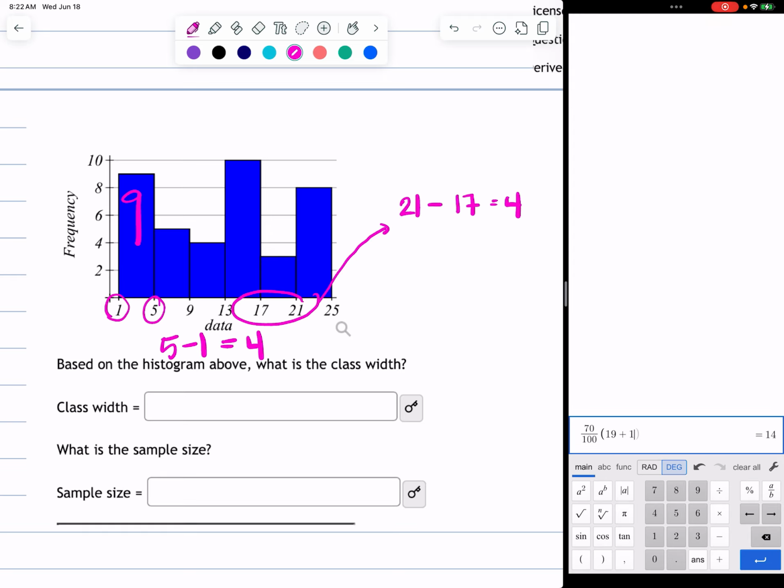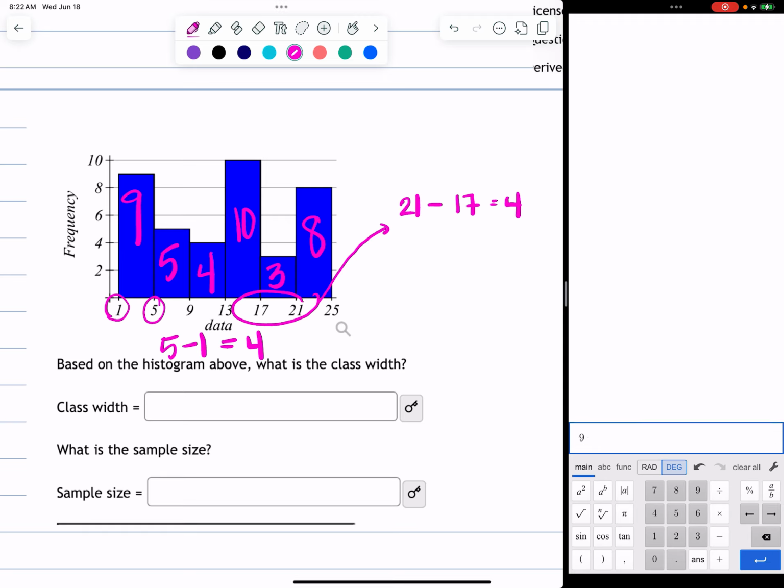The second class has 5 data points. The third class has 4 data points. The fourth class has 10. The fifth class has 3. The last class has 8. And then I go add them up.